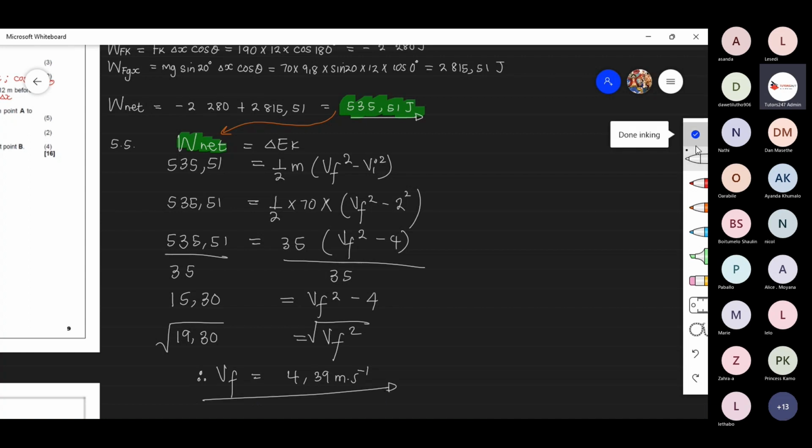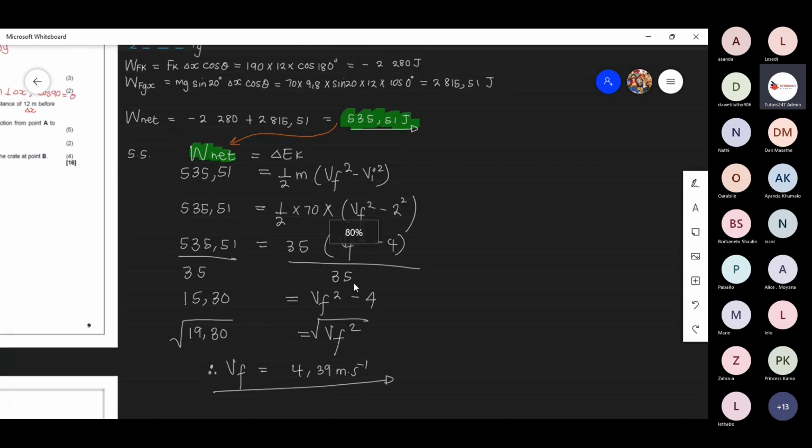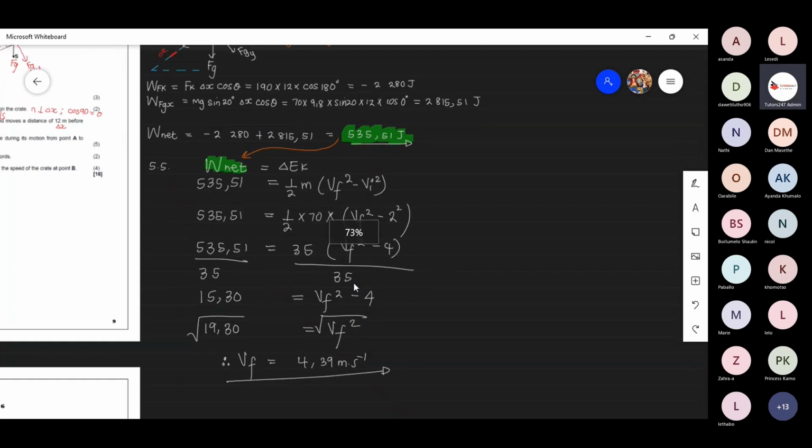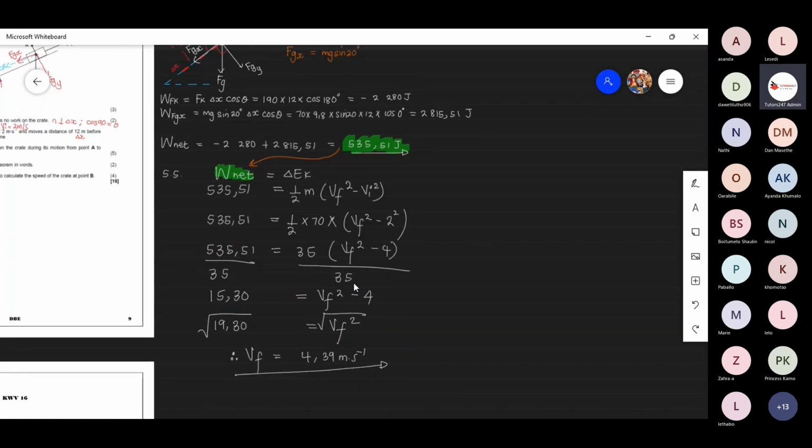So we have now calculated our velocity at point B, or final velocity, by using our work energy theorem.